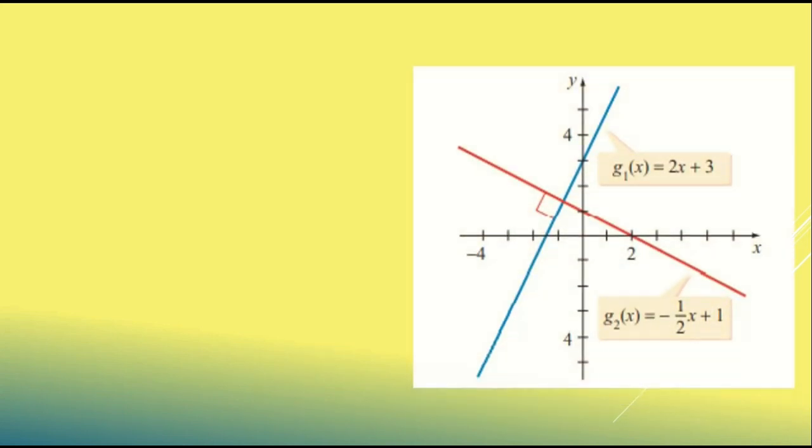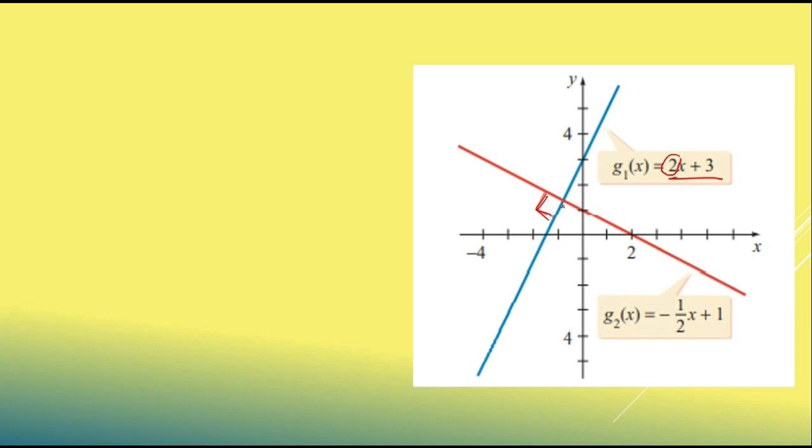Next, we will see perpendicular lines. Look at this graph. There are two lines intersecting at 90 degrees. This is a 90 degree angle, isn't it? So this blue line, the equation is 2x plus 3. The slope is 2.